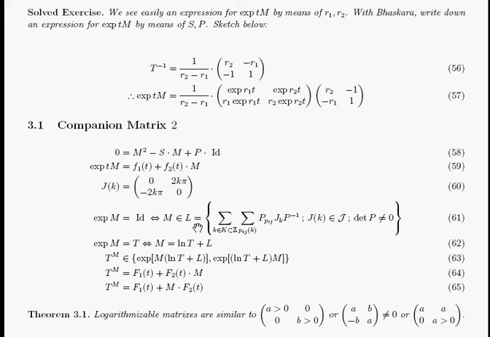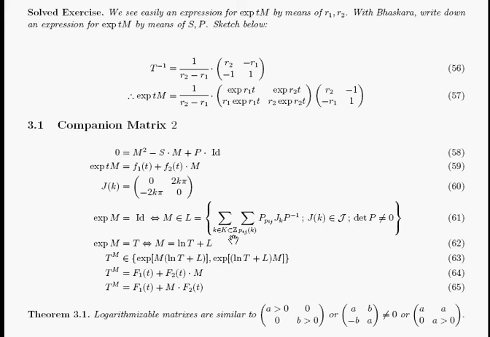The logarithm is a set of P J P to the power of minus 1, the inverse of P, where J of k pi is that Jordan form and the determinant of P is not 0.